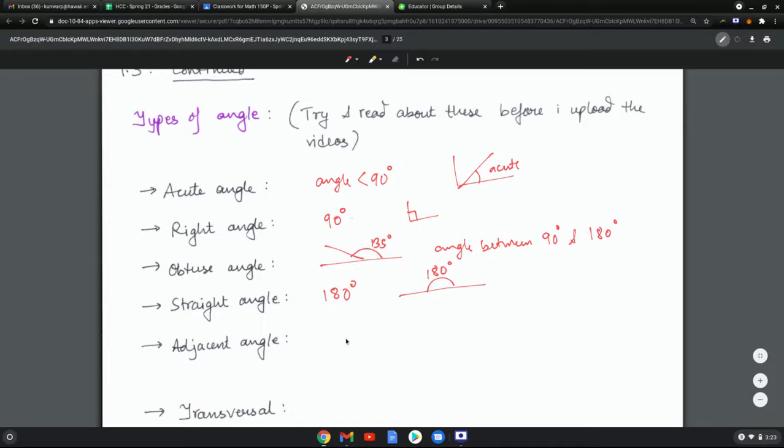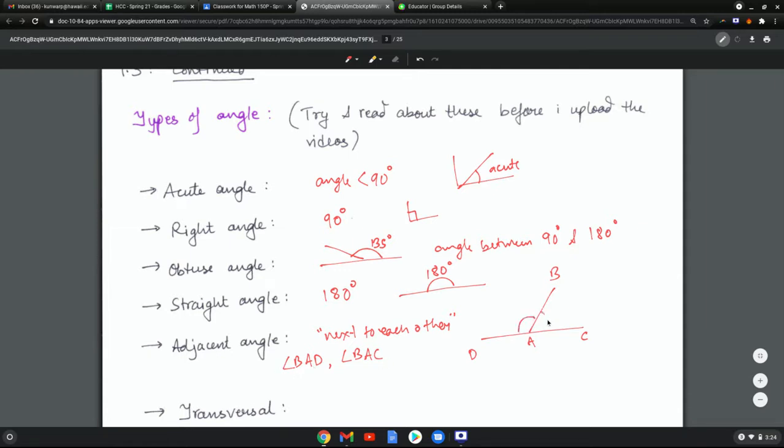Adjacent angles are angles that are next to each other. So for example, here I have an ambiguity, so I'm going to say angle BAD and angle BAC are adjacent.